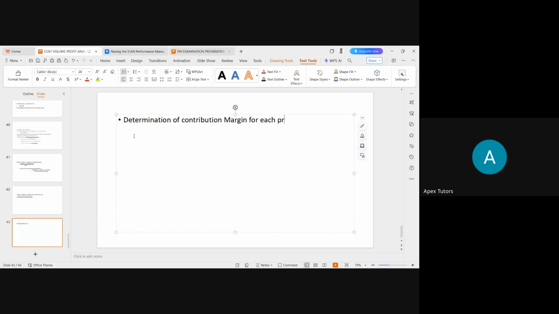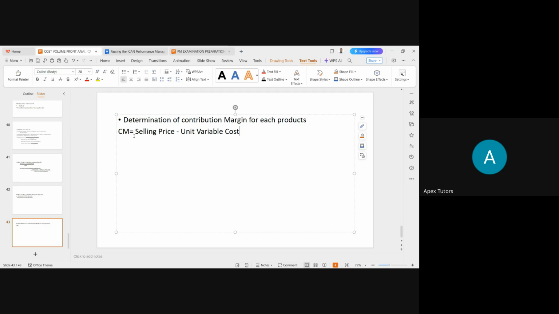You must definitely do this for every question, either multi-product CVP or single product. So you have to determine the contribution margin for each of the products. And we've stated that contribution margin is what? Contribution margin is selling price less unit variable cost.